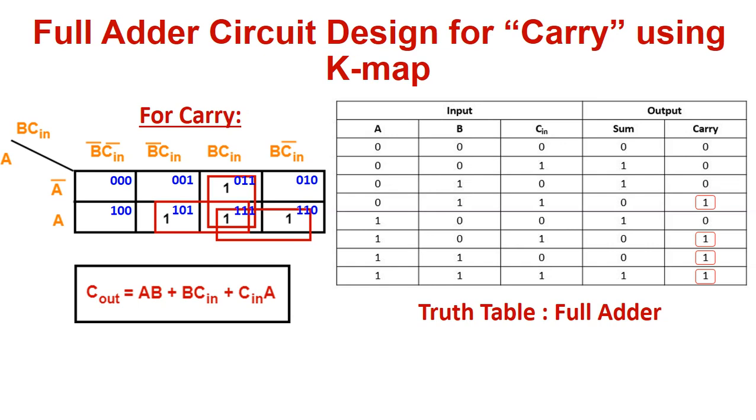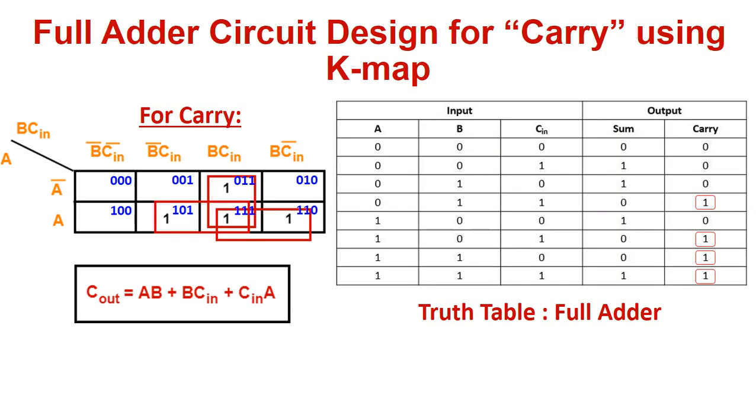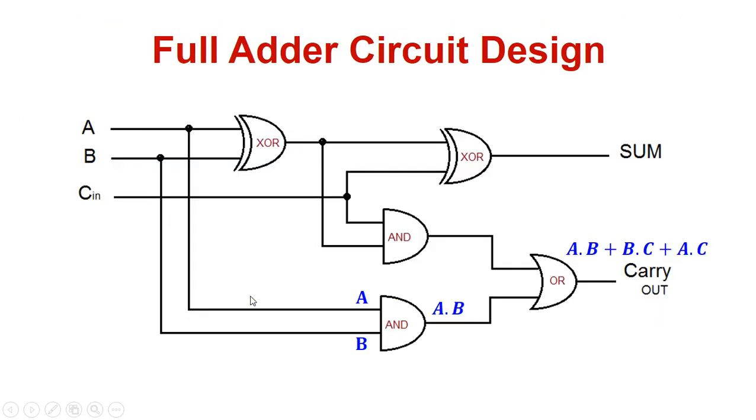Now once the expression is formulated, the circuit design will be straightforward. You are going to have three AND gates. One AND gate is for AB, another AND gate is for BC in, and the third AND gate is for AC in. I'm sorry, there is some mistake.